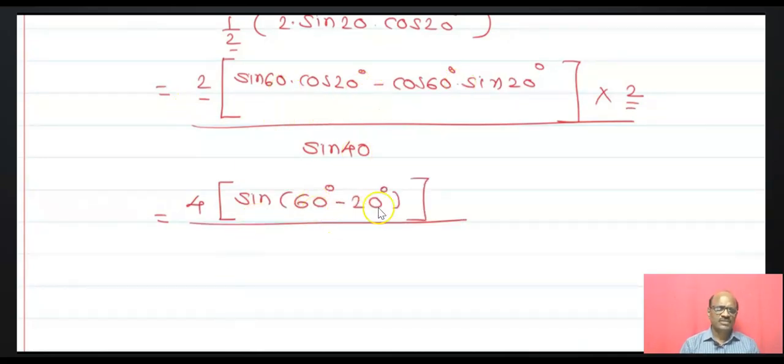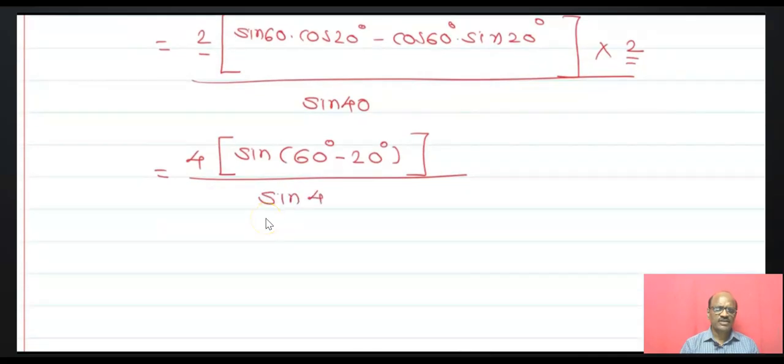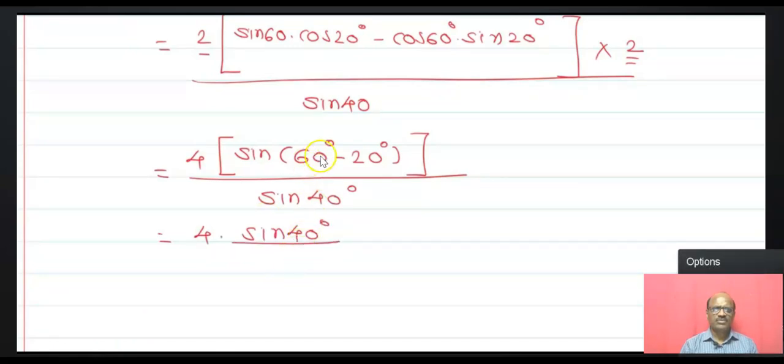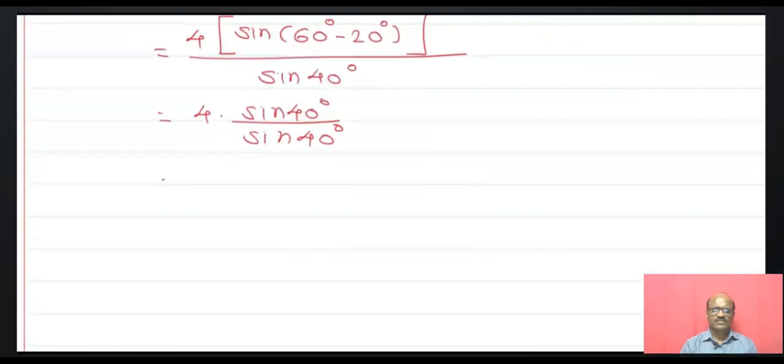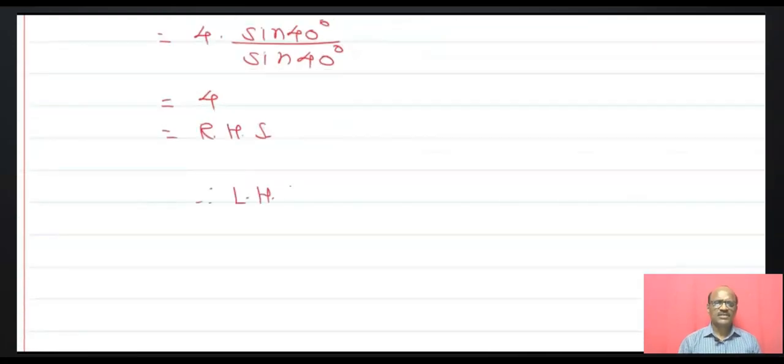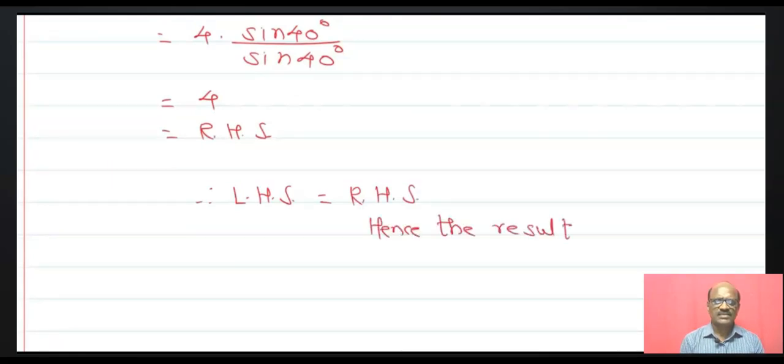That is sin of (60 minus 20) upon sin of 40, and it gets cancelled. That is sin 40 upon sin of 40, which equals 4, and hence it is RHS. Therefore LHS is equal to RHS, and hence the result is proved.